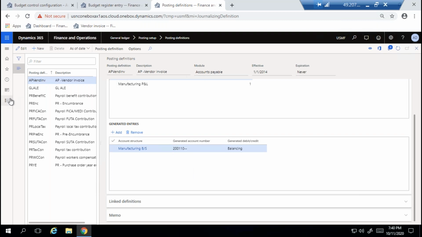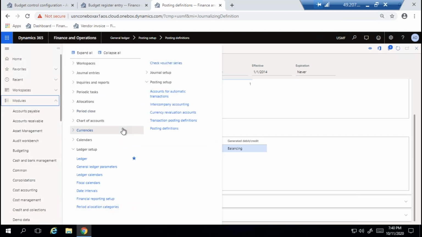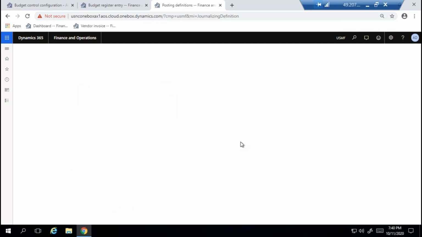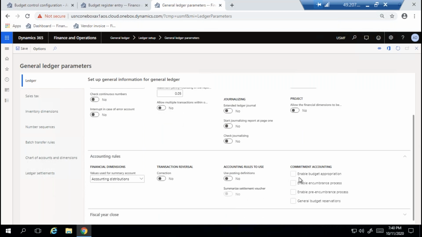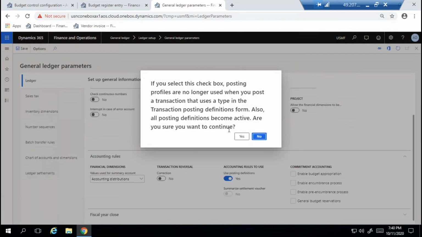So remember, this is for public sector, most important. If you select this checkbox, posting profiles are no longer used when you post a transaction that uses the type in the transaction posting definition form.